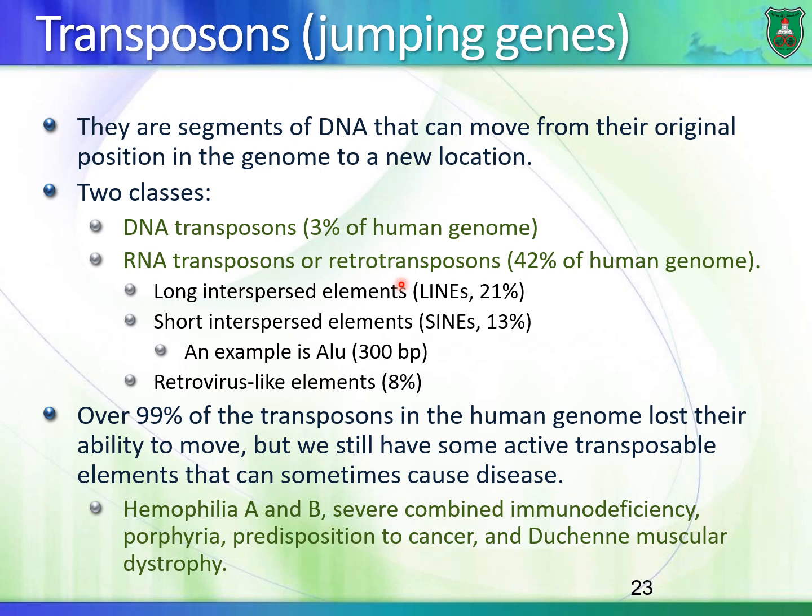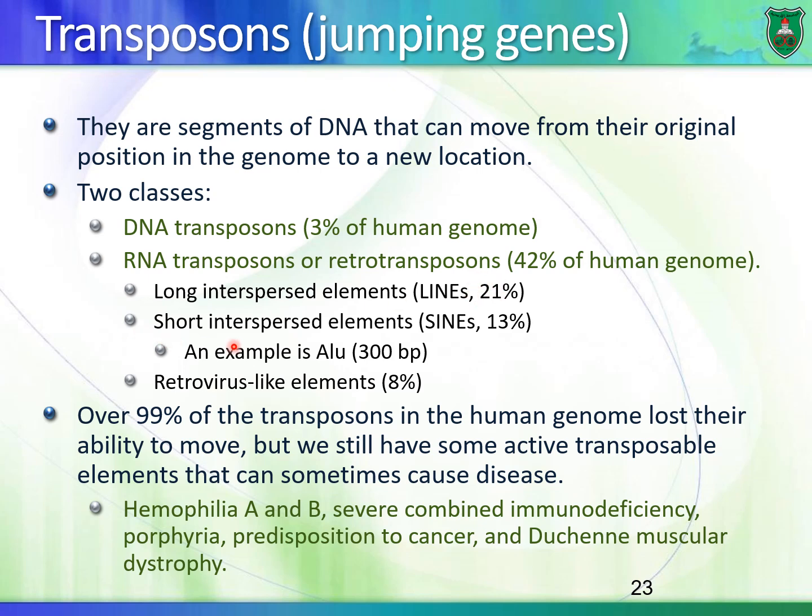Or retrotransposons, and they originated from retroviruses, viruses with RNA being the genetic material. So RNA transposons, retrotransposons, make about 42% of the human genome. The majority is known as long interspersed elements or LINEs, and they make up about 21% of our genome.